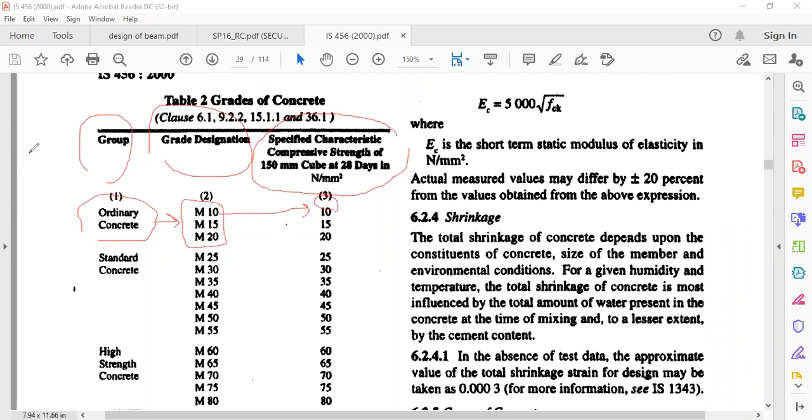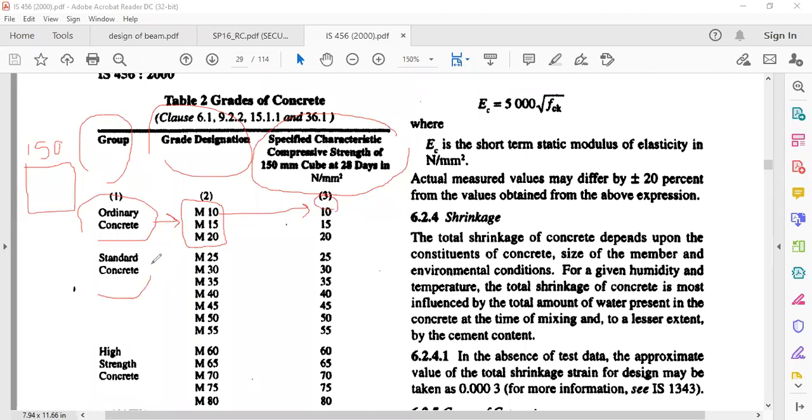If you make a 150 mm cube and take the strength on the compressive testing machine after 28 days, and you maintain proper material for M10 and make the testing, you should get above this strength, or minimum this kind of strength. M10 should have 10 Newton per mm square.